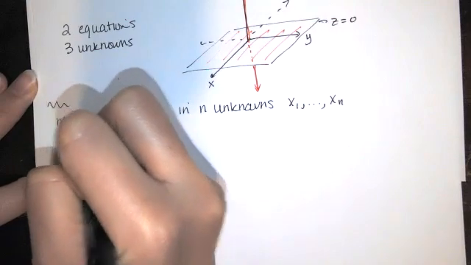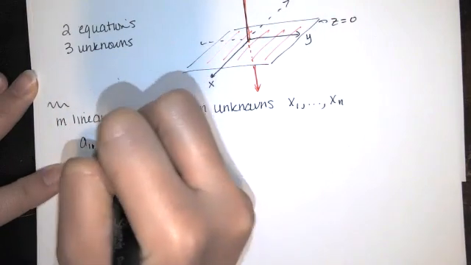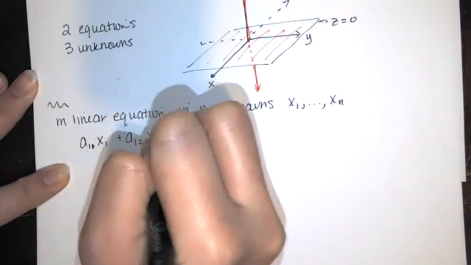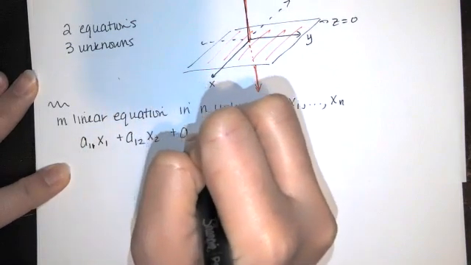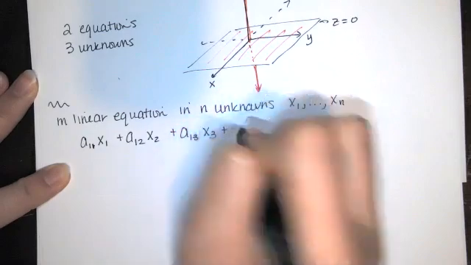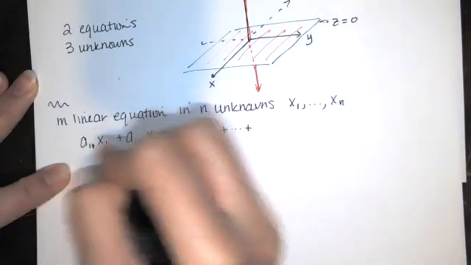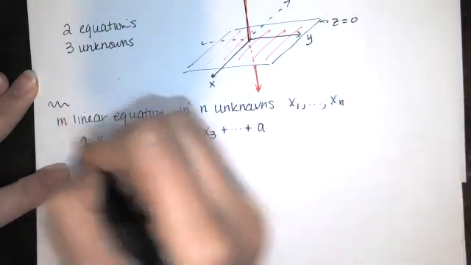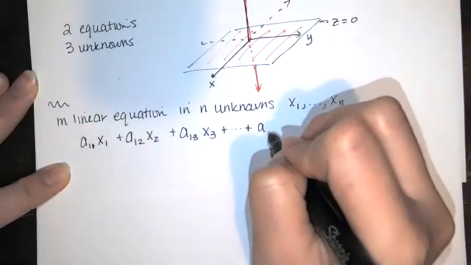So the first equation we'll call a sub 1, 1 times x1 plus a sub 1, 2 times x2 plus a sub 1, 3 times x sub 3. The first number here denotes which equation you're on. It's the first equation.